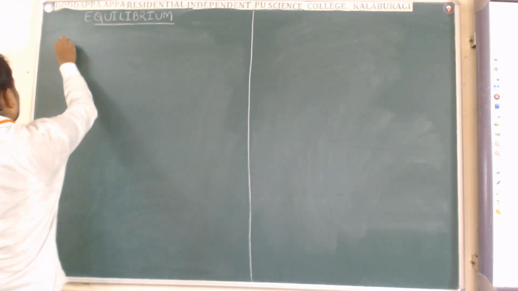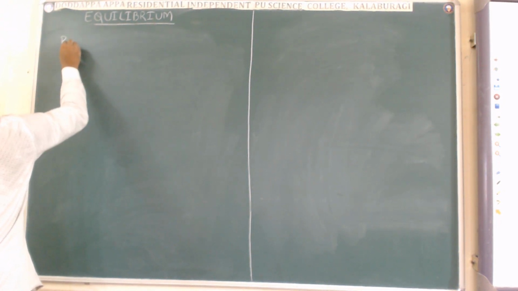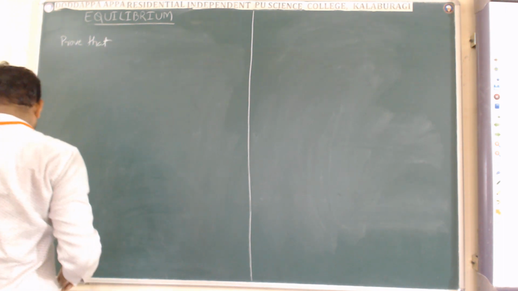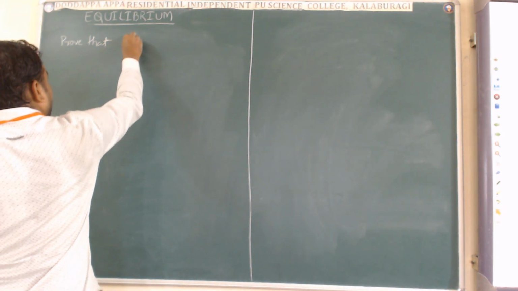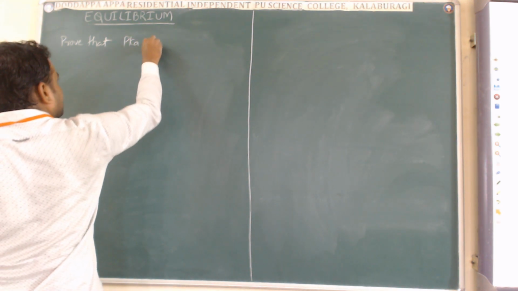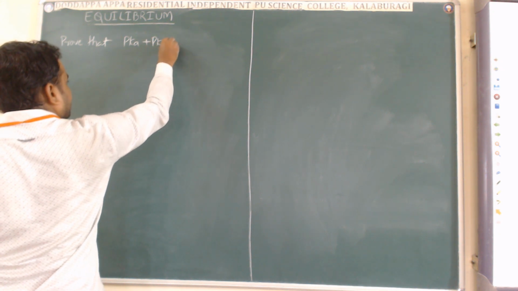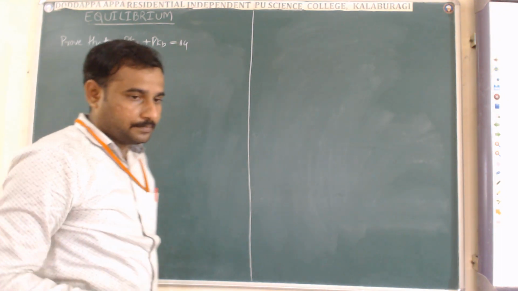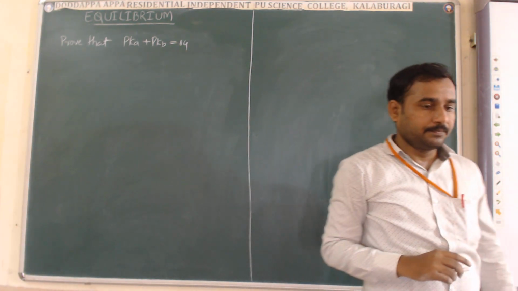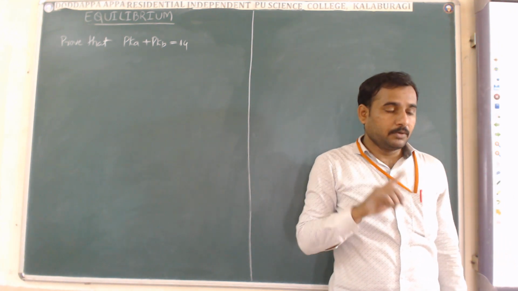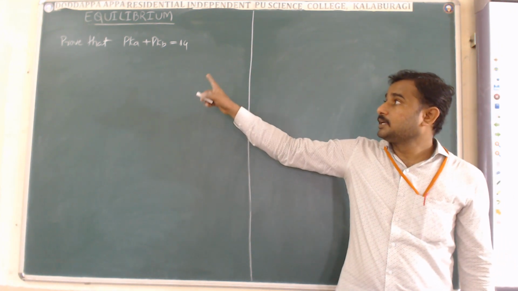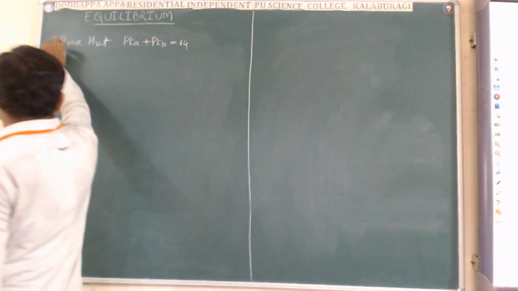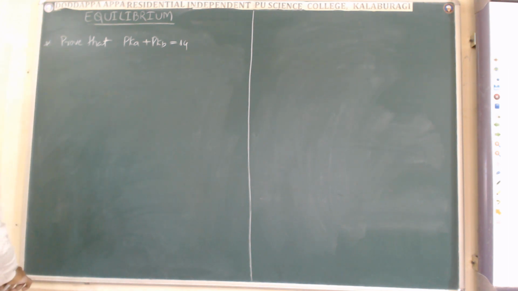You have to prove that here. You have already proved the ionic product of water, and also proved pH plus pOH is equal to 14. Now you have to prove pKa plus pKb is equal to 14. This is also a very important one. For 2 marks they can ask questions. How to prove that here?